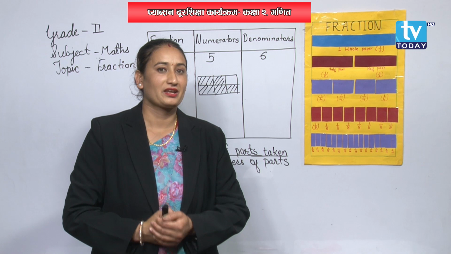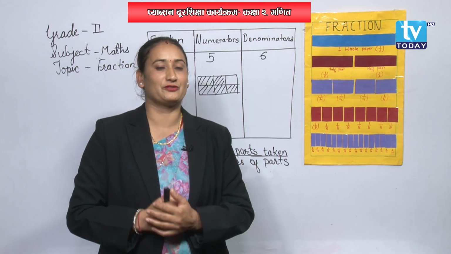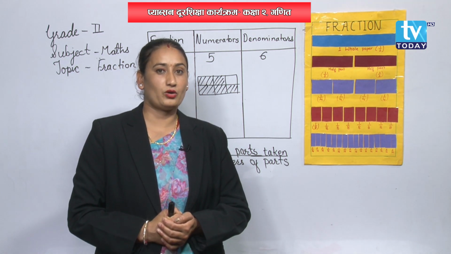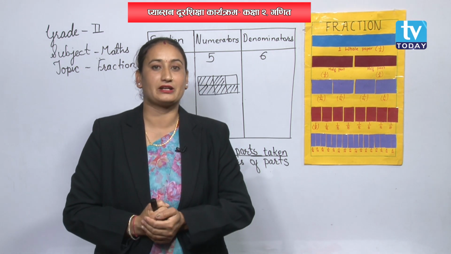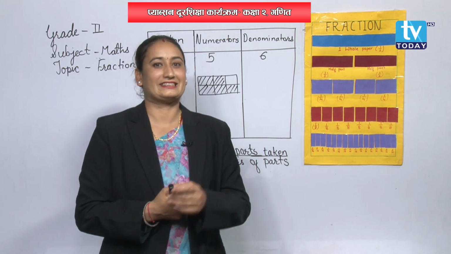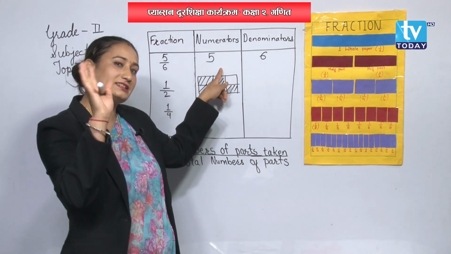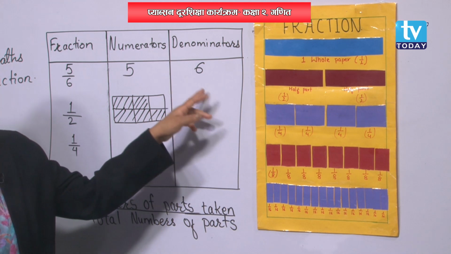Tell me. 1 piece is still left, right? That means 5 are already eaten and 1 is still left out of 6.